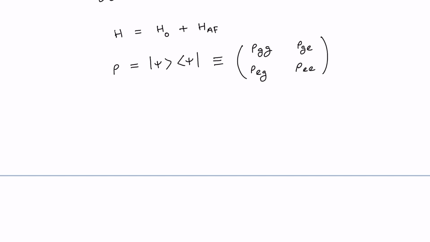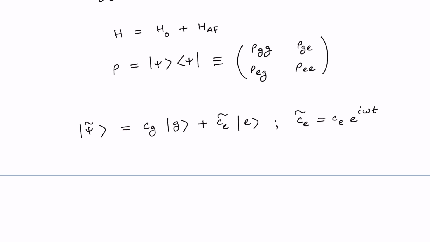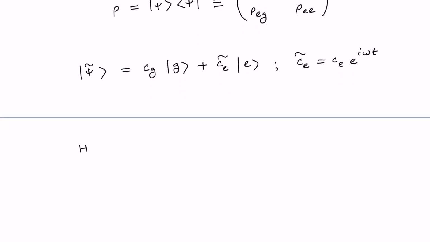From the previous lecture, lecture 4 or lecture 5, we saw that if we go over to a rotating frame of reference, the state vector becomes |ψ~⟩ = c_g |g⟩ + c̃_e |e⟩, where you recall that c̃_e = c_e e^{iωt}, and the Hamiltonian now takes the form H~ = -ħΔ |e⟩⟨e| + ħΩ/2 (σ + σ†). By going to the rotating frame we are able to get rid of the explicit time dependence.